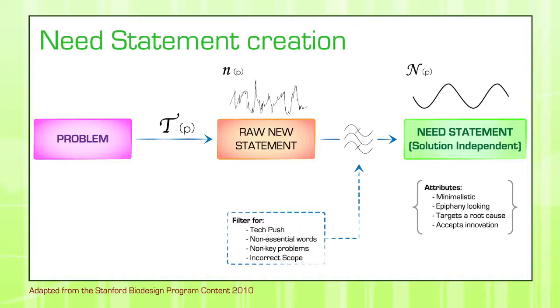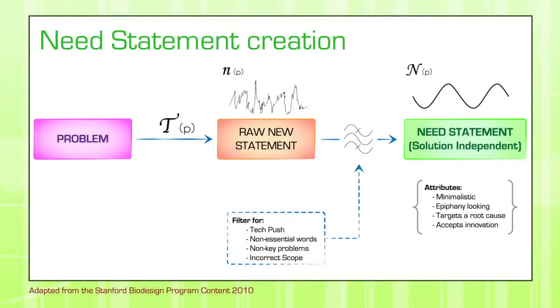And these filters can be divided into several categories, and you can create your own filters. But some of the most important things to filter down are, first, technology pushes. So steer away from solutions. If your need statement or your problem statement has any solution embedded in it, filter it down. You don't need it, at least now. Then, of course, try to get rid of all unnecessary words.